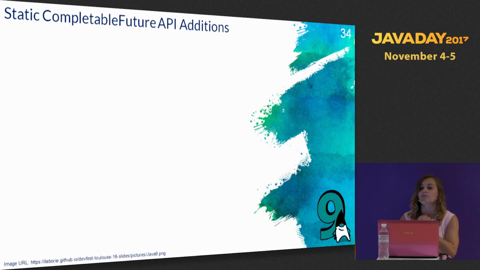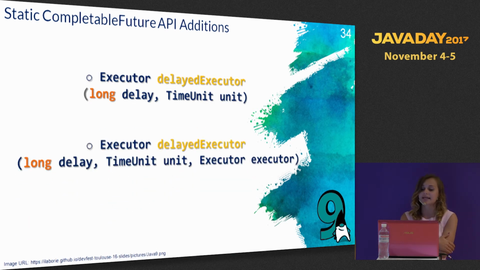There are a few important static ones. And we'll start with the support of delays. The support of delays is provided by the method delayedExecutor. It simply waits for the specified delay that you give, for example, 5 seconds, and then it submits your tasks further to the base executor. So your tasks will be executed. I'll just show that in the code.